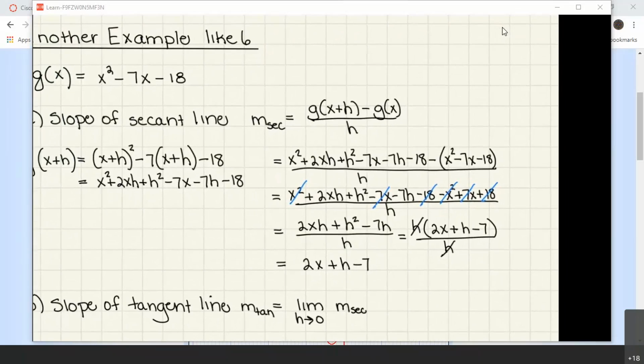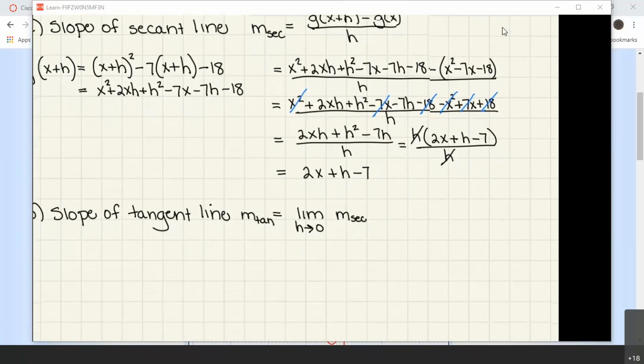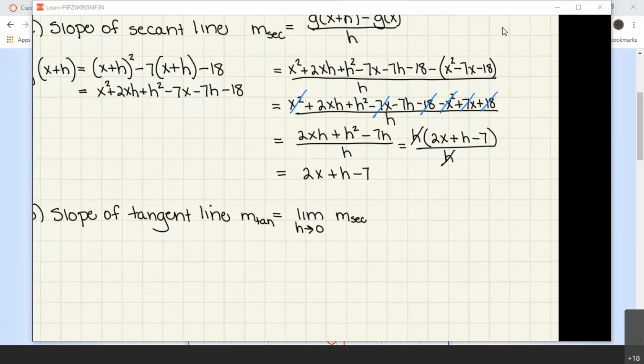So now that's the slope of the secant line between what? A point xy and another point x plus h, however far away that value is. So what do we have to do to find the slope of a tangent line?